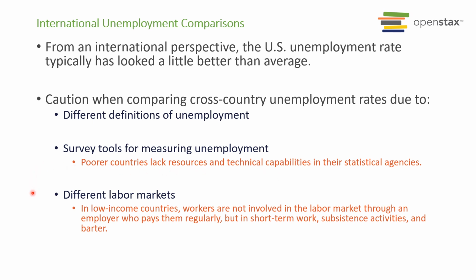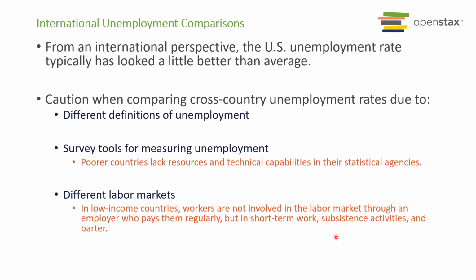And we can see that culturally, some low-income countries have different types of labor markets than more developed nations. In low-income countries, you can have individuals who aren't paid on a regular salary basis, but might be involved in more gig type work where it's short term.